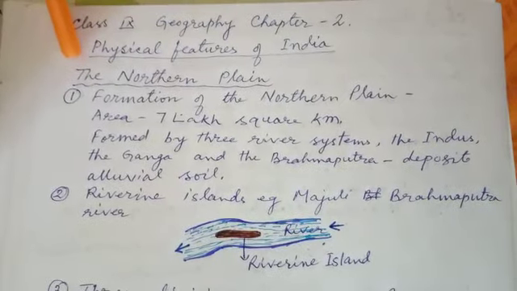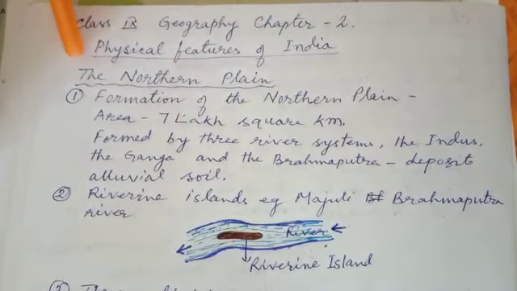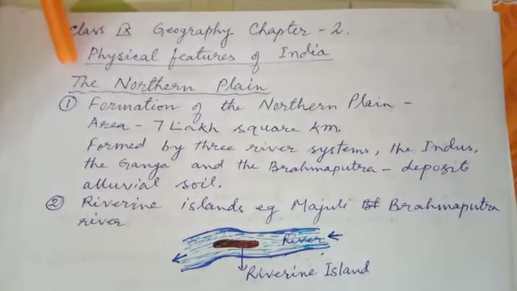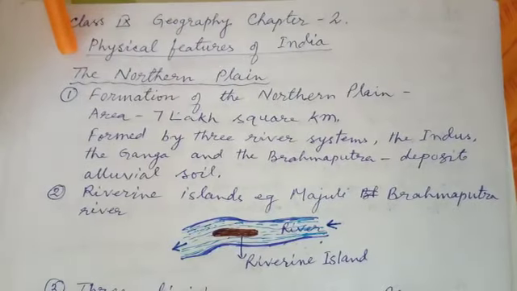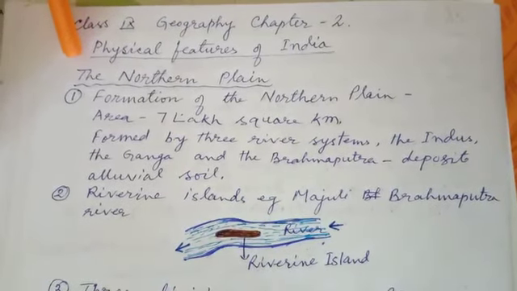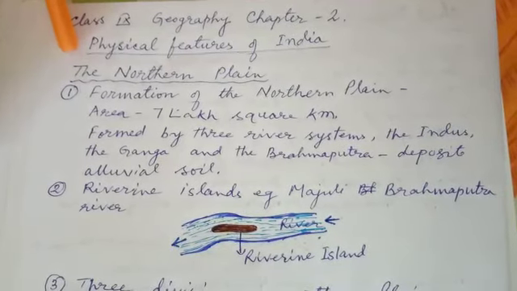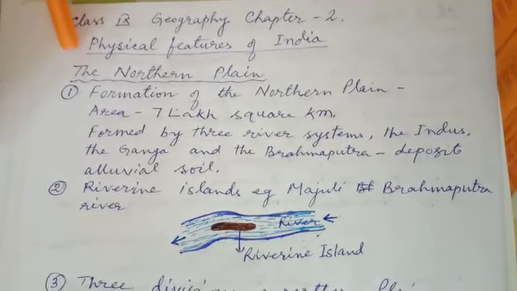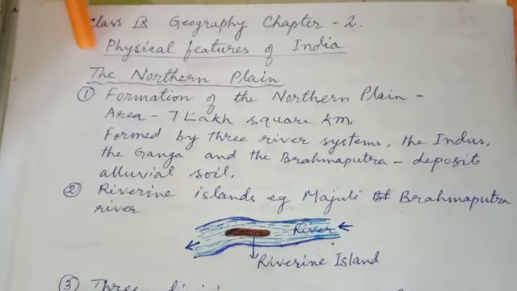Before draining into the sea, the rivers slow down due to the gentle slope in this region. They split into many channels or distributaries due to the deposition of silt. Distributaries means what? When rivers branch off from a main river, they are called distributaries.